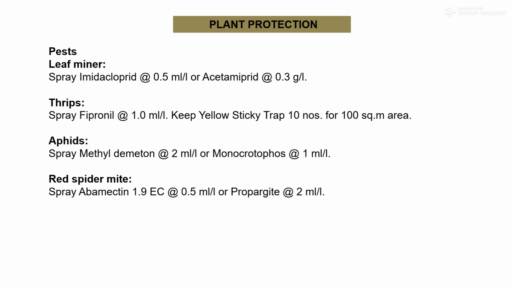The use of other integrated pest management practices also helps to control sucking pest infestation. Aphids are controlled by spraying methyl demeton at the rate of 2 ml per liter or any other systemic insecticide. Red spider mite is again a common type of pest.